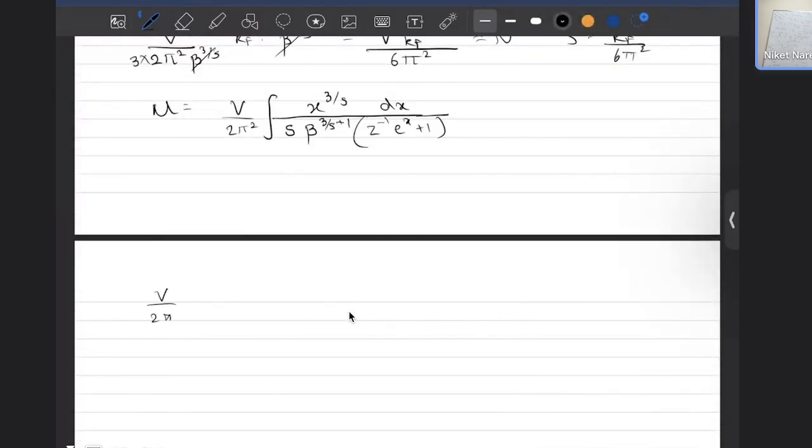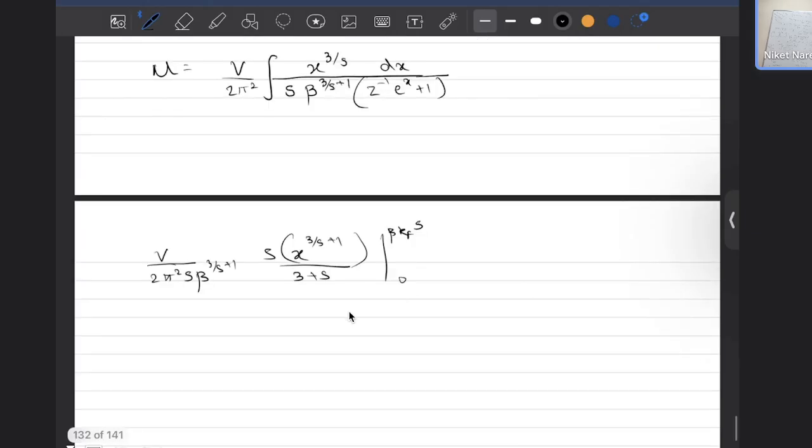V by 2 pi square, I have s and beta power 3 by s plus 1, x power 3 by s plus 1 divided by 3 plus s divided by s, 0 to beta kf power s. So beta gets cancelled again. Here s gets cancelled, but there is s here.